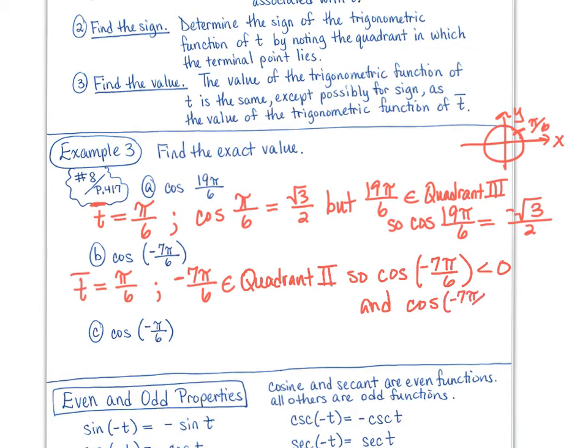Remember, what's cosine of pi over 6? Square root 3 over 2, right? But because we know it's in quadrant 2, it has to be negative, so we get negative square root 3 over 2. So you've got to connect what your reference angle is, what the cosine is of your reference angle, to the quadrant that the actual angle belongs to. Does that make sense? Yes or no?